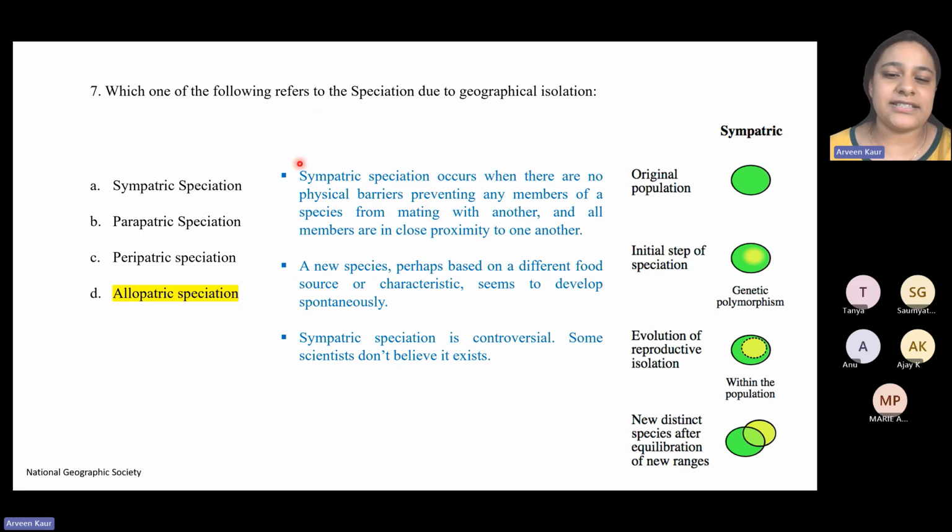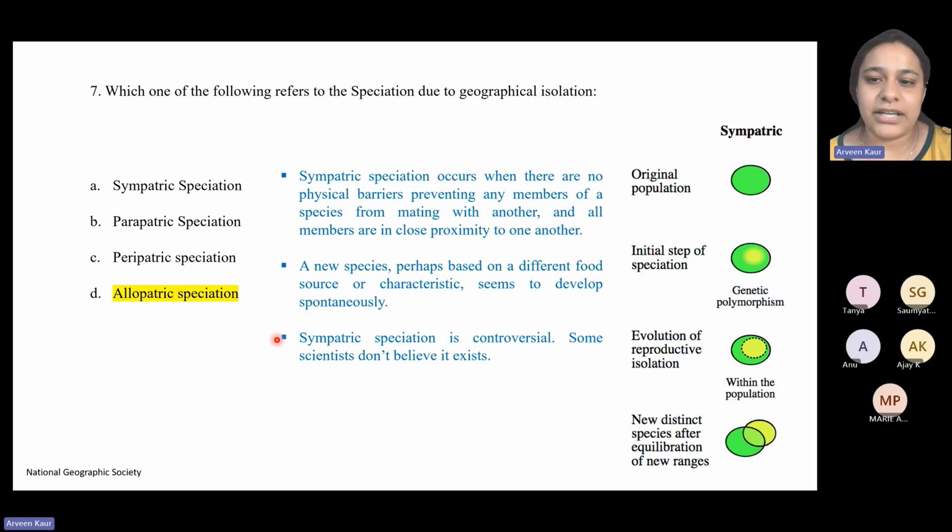So sympatric speciation is actually one of the controversial concepts, right? I have mentioned over here that it is a little controversial and some people don't believe that it actually happens. What happens in this speciation is that it occurs when there are no physical barriers preventing any members of a species from mating with one another, and all members are in close proximity to one another. But a new species, perhaps based on different food sources or characteristics, seems to develop spontaneously, right? So there are no actual physical barriers or different environmental conditions.